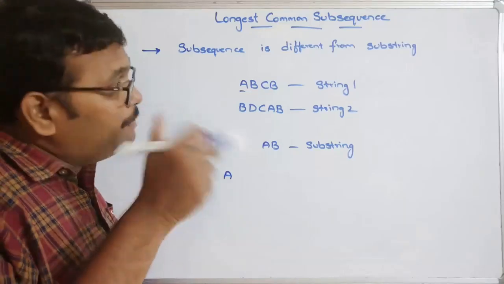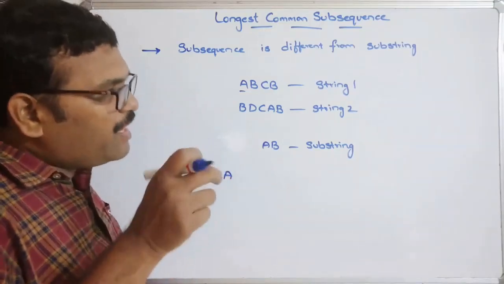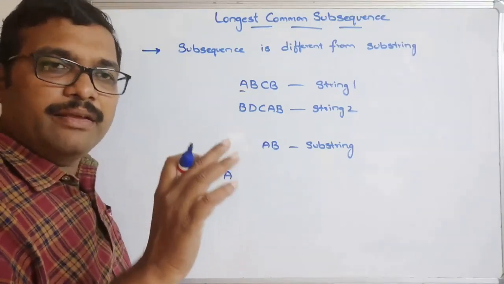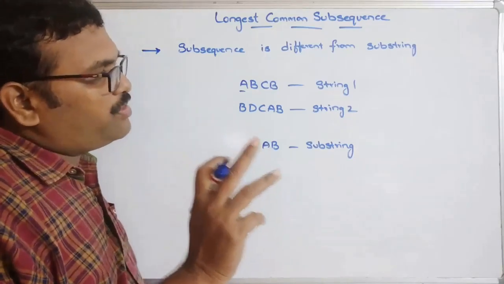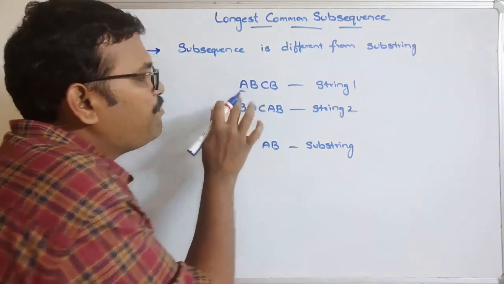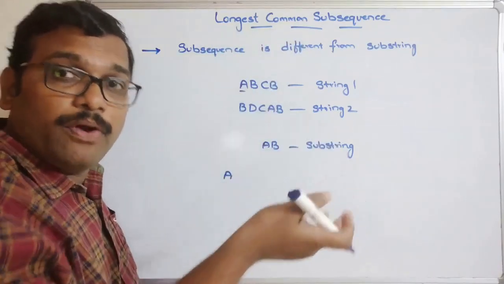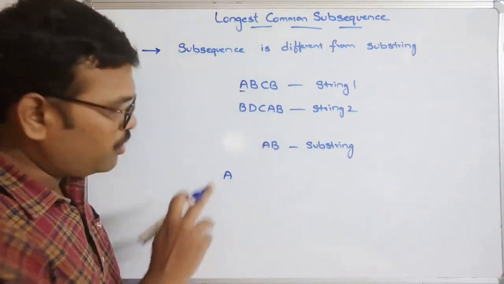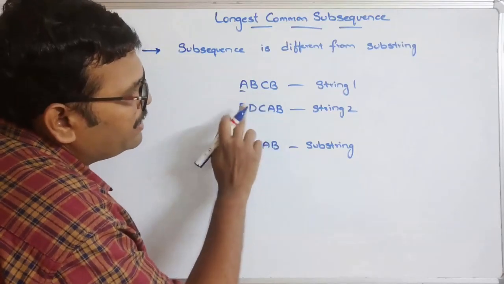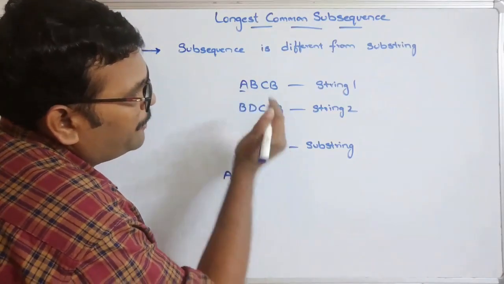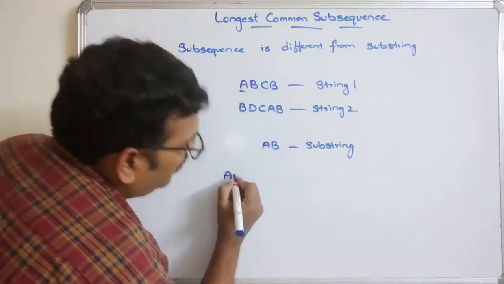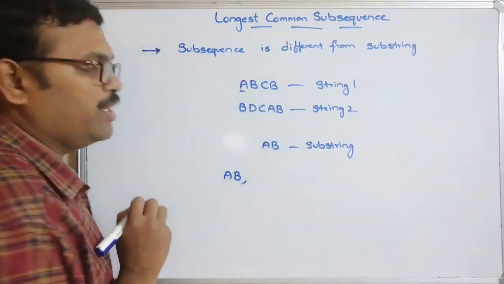In between the elements there can be anything, but only one thing we have to check: the first A should appear and then B should appear. That means before B, A should appear. So here A we are having, and then B, AB. AB is one subsequence.